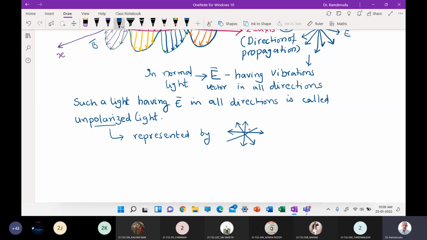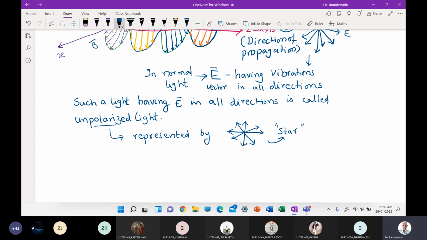If I take this as the direction of propagation, perpendicular to you, then you can see a star-like structure. So such a light is represented like this.